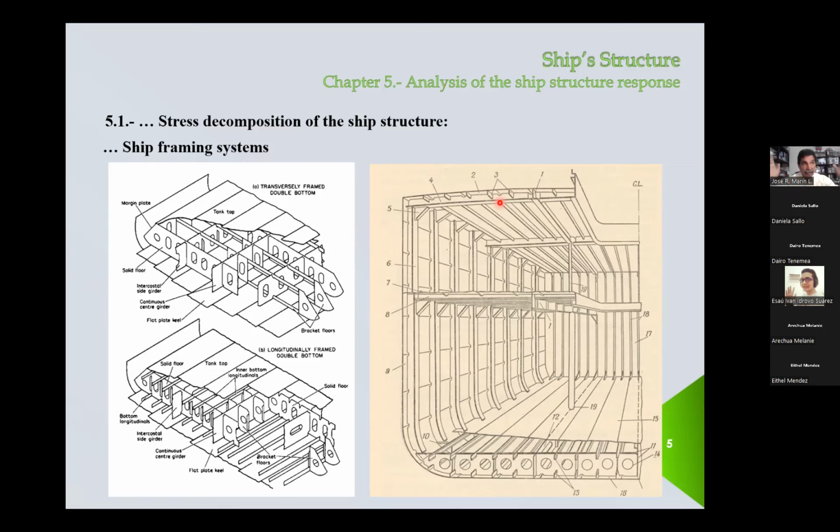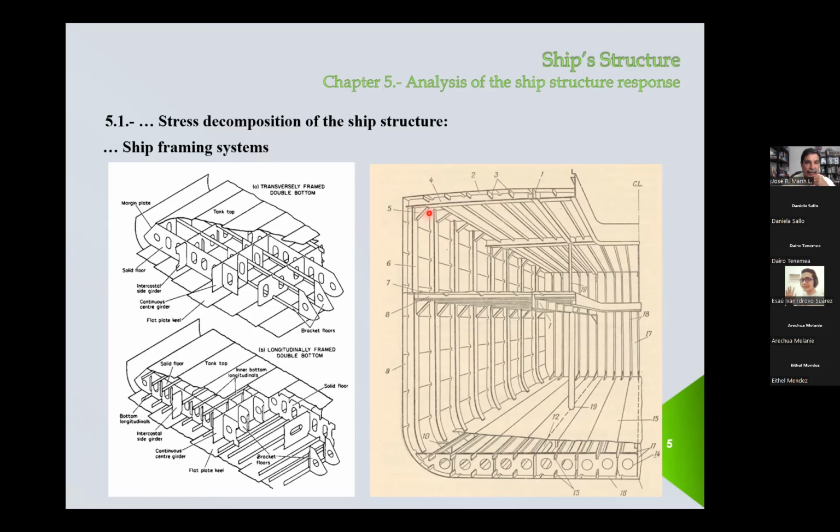So if you reduce this length by 10%, that means that you reduce the bending moment by 20%. So it's a good idea for you to take a quick, nice look at the detail of this design.